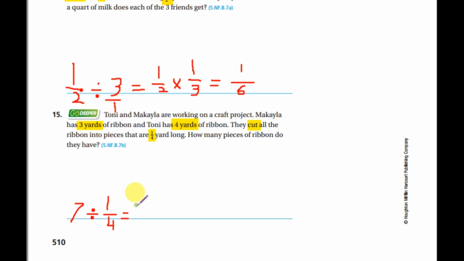I will multiply. So 7 multiplied by, flip this number. So the 4 will be up, the 1 will go down. No need to put the 1. So let's do it. 7 times 4 will be 28. Say the times table of 7: 7, 14, 21, 28. So it is 28. And that's it.